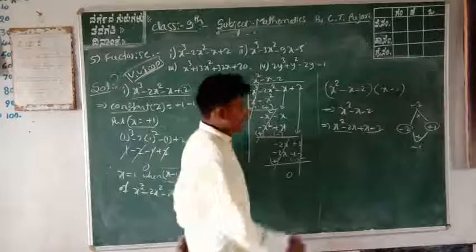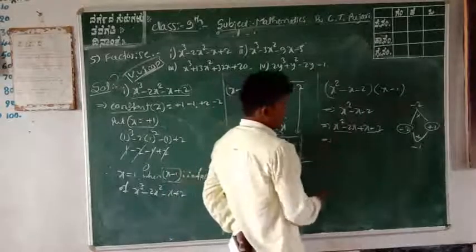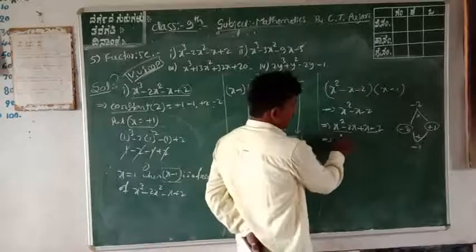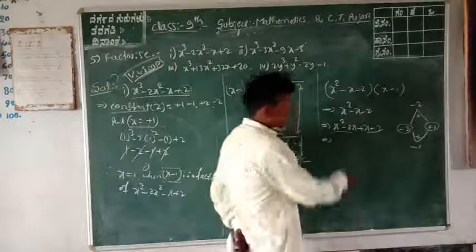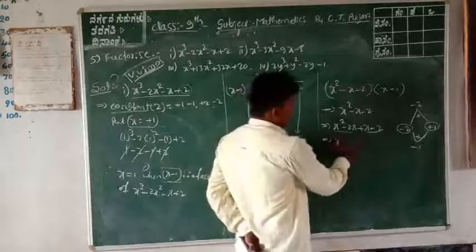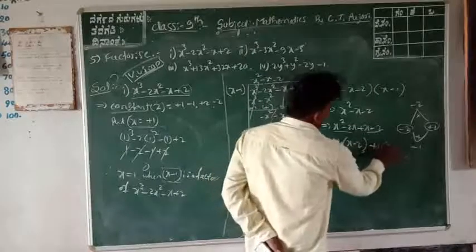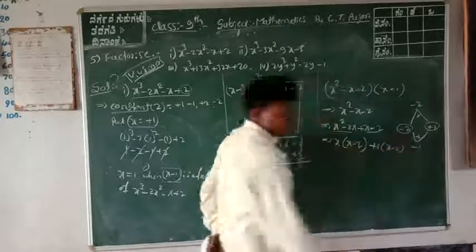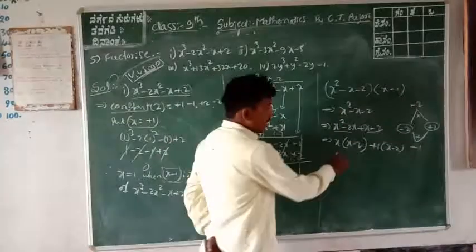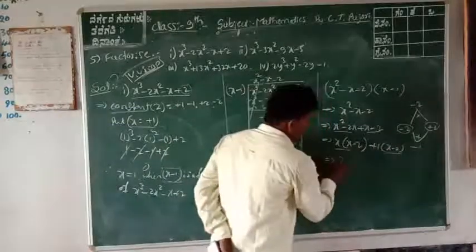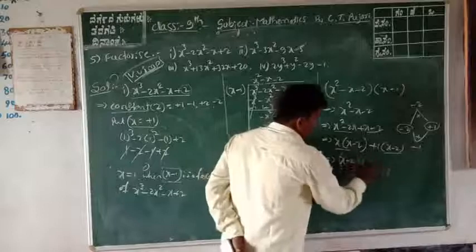Next, simplify. In the first group, x is common, take it outside: x times x minus 2. In the second group, 1 is common: 1 times x minus 2. Then x minus 2 is common, and the remaining factor is x plus 1.